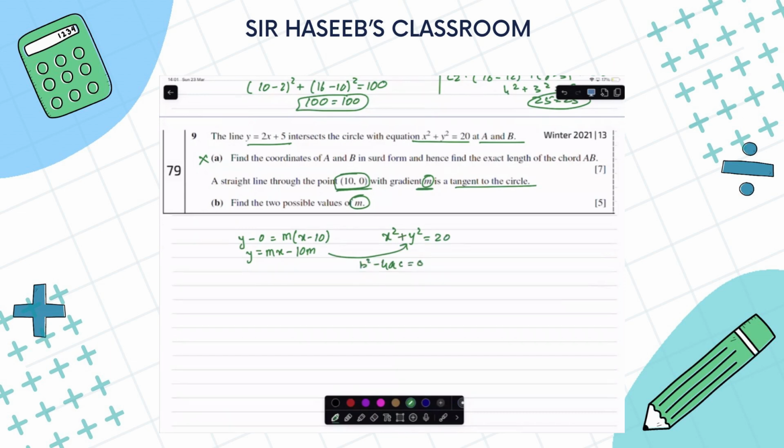Agree? So that's x square plus mx minus 10m whole square equals 20. x square plus m square x square minus 20m square x.